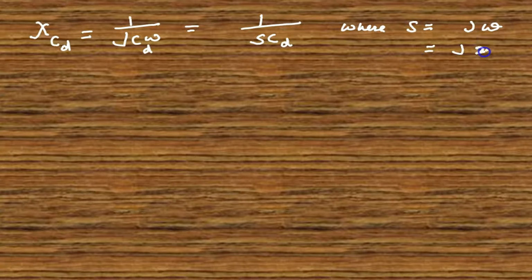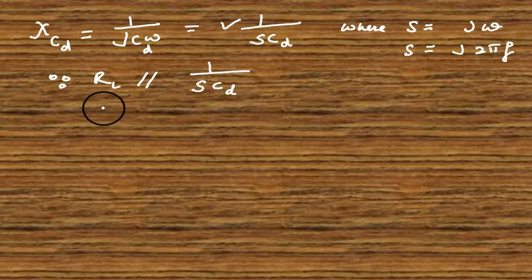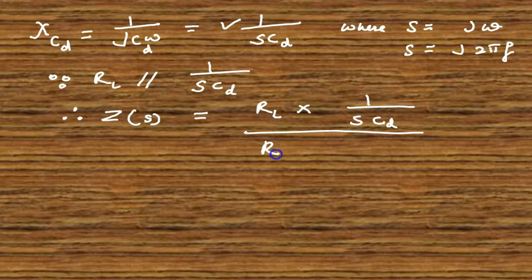So let us call j omega equals s. Then j omega CD becomes 1 upon s CD. Now RL and the capacitor CD are in parallel.